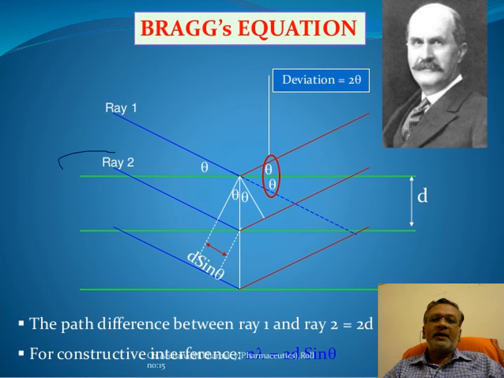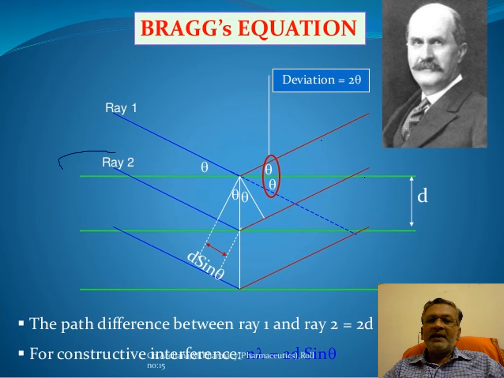See here, ray 1, ray 2. Ray 1 is incident on the first plane and is reflected back. Ray 2 is incident, passes to the second plane, and is reflected back. The reflected first ray and the second ray are superposed on each other, giving rise to interference fringes, diffraction fringes.